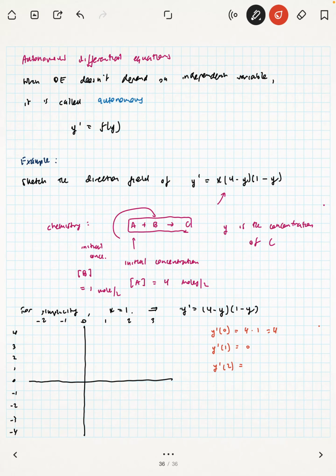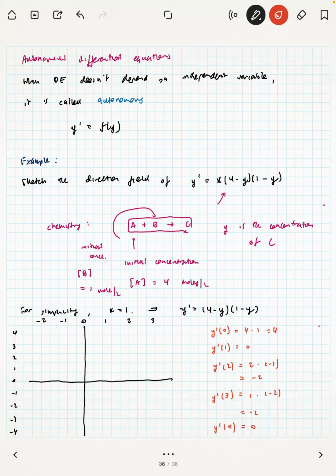Y prime of 2 is going to be 4 minus 2, it's 2, times 1 minus 2 is -1, so -2. Y prime of 3 is going to be 4 minus 3 is 1, times 1 minus 3 is -2, so -2.